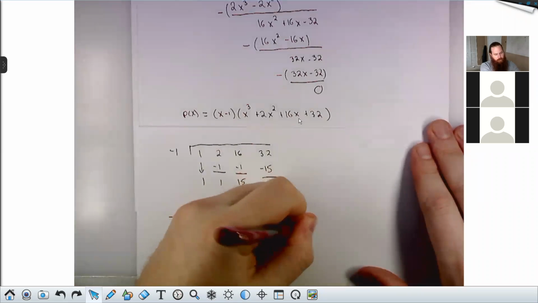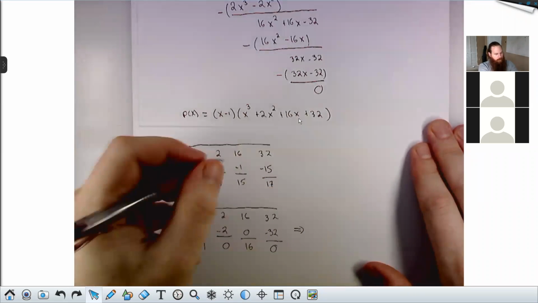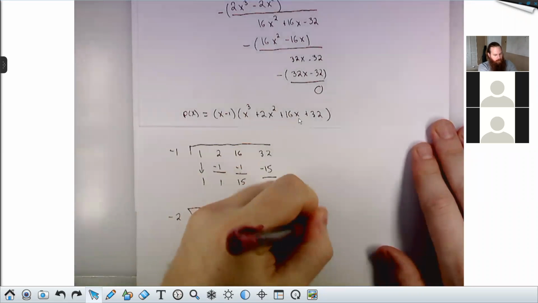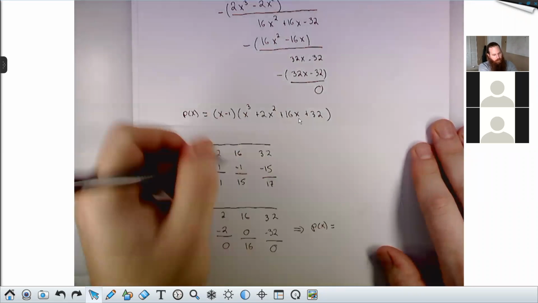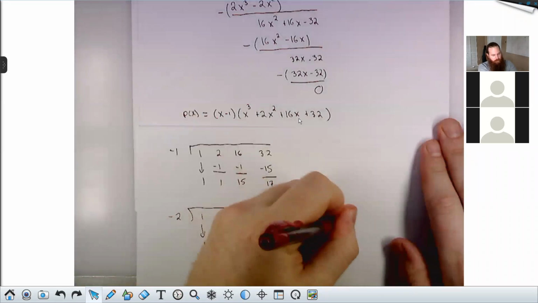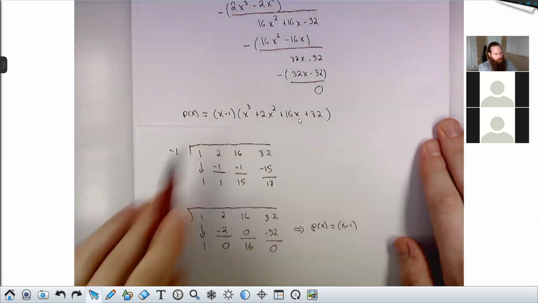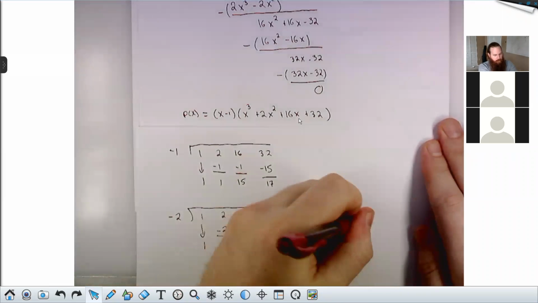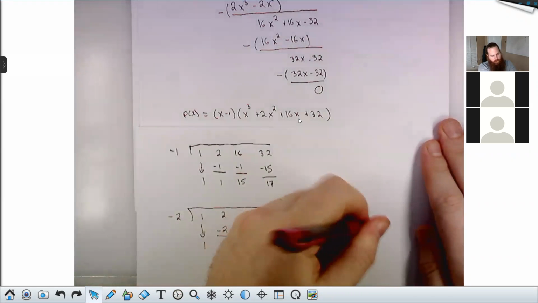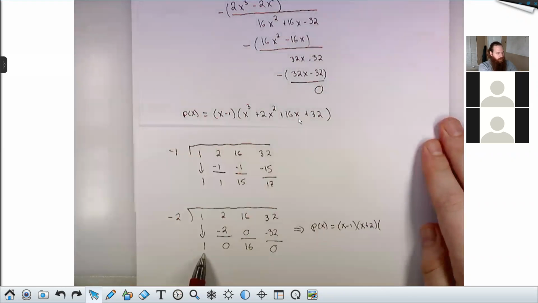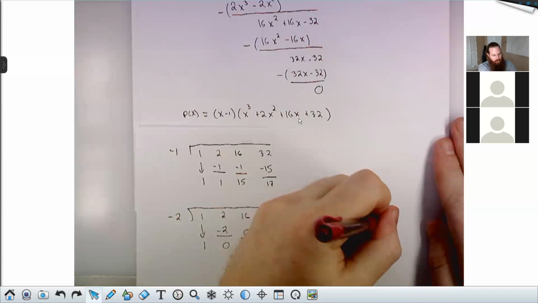And this tells me that my polynomial, I've got my x minus 1, that's still here. And then this piece can be rewritten as x plus 2 times x squared plus 16.